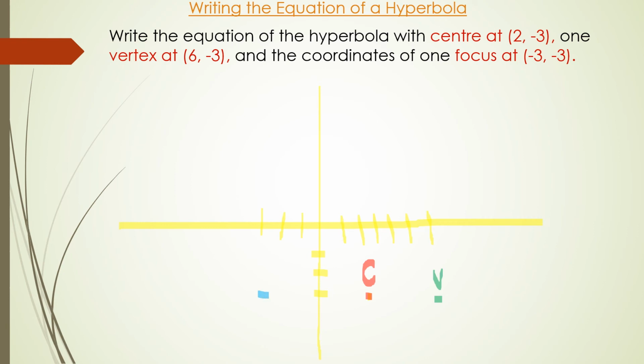So here is your focus. We all know the given is correct because they lie on the same line. They are collinear, meaning the center, vertex, and focus.